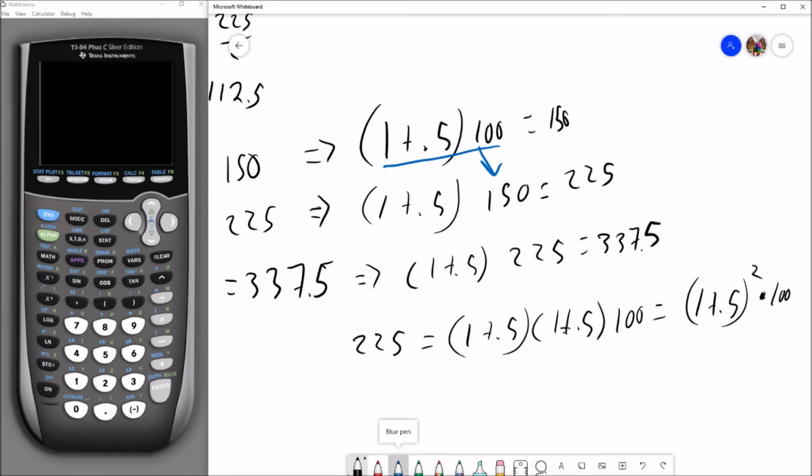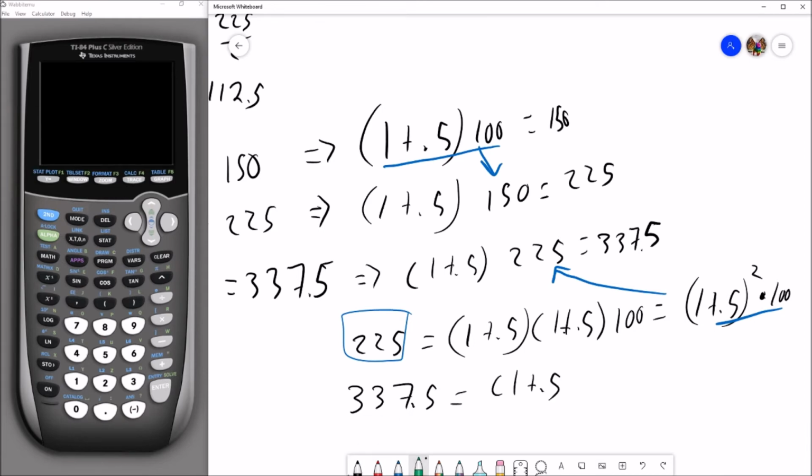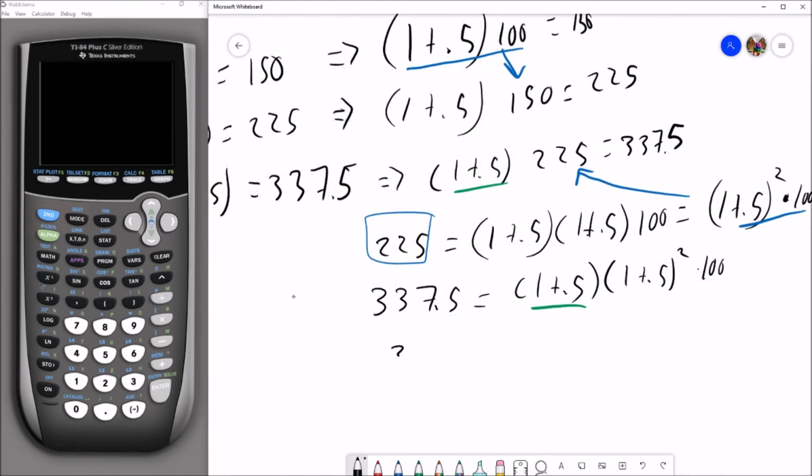Now 225 here, since this is equal to this, notice it is right here. So we can do the same thing. 337.5 is equal to 1 plus 0.5, this term here is coming from right here. And then we have our term from the blue, 1 plus 0.5 squared times 100. In other words, 337.5 can be rewritten as 1 plus a half cubed times 100.